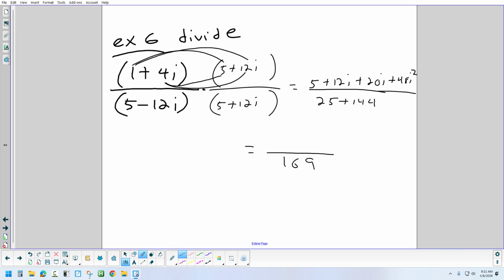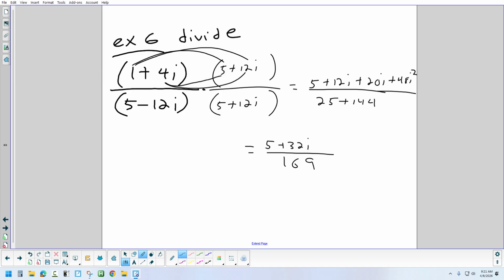What about the top? What can I do there? Combine like numbers. Yep. And what would you get when you combine what you can? 5. And then what's 20i plus 12i? 32i.